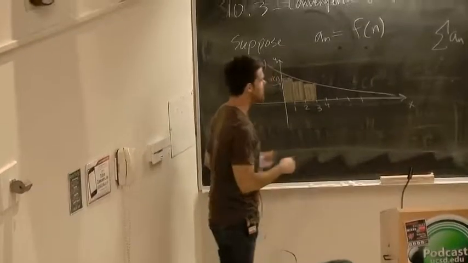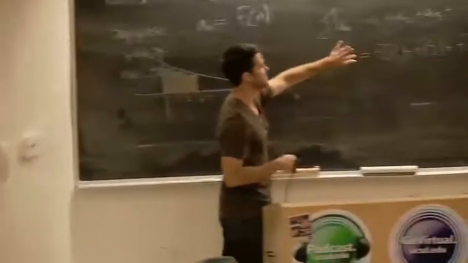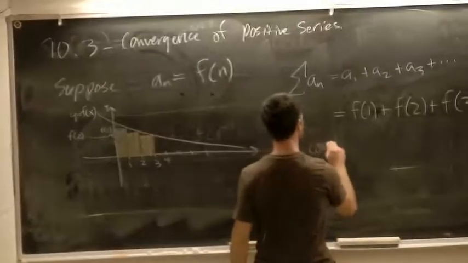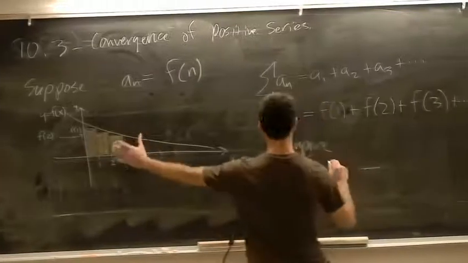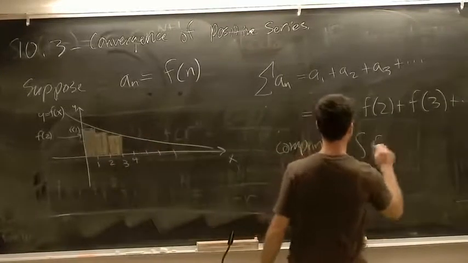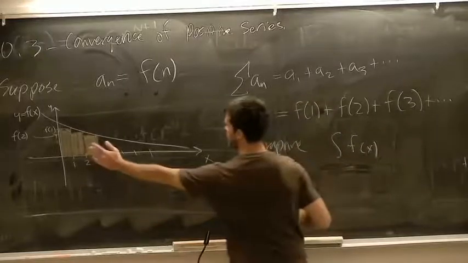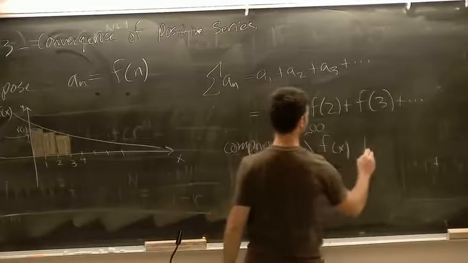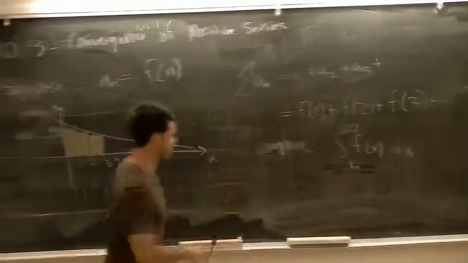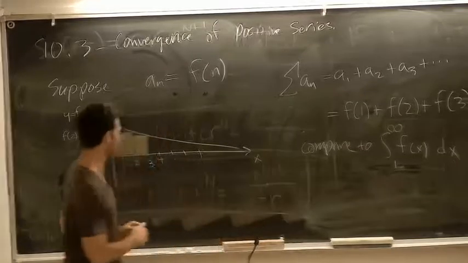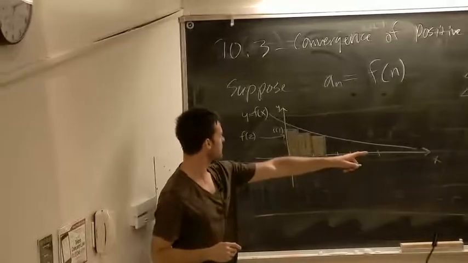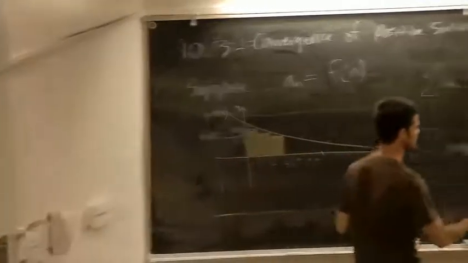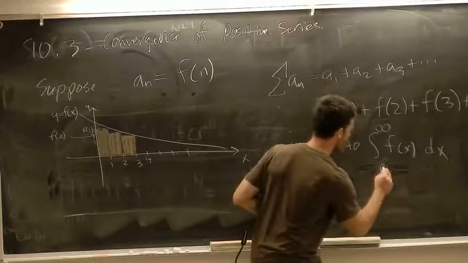So in considering this series, you want to compare it to the integral of f of x, which, since we're adding up all these rectangles off to infinity, we want the improper integral of f of x. Let's start it at 0.